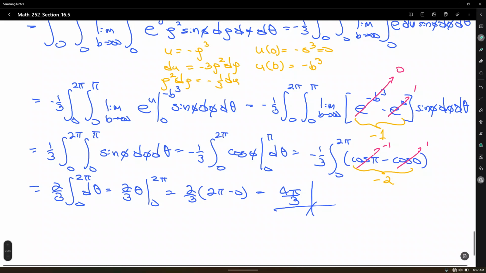So what do we need to conclude about it? It's only one word. Converges, right? So the integral converges.